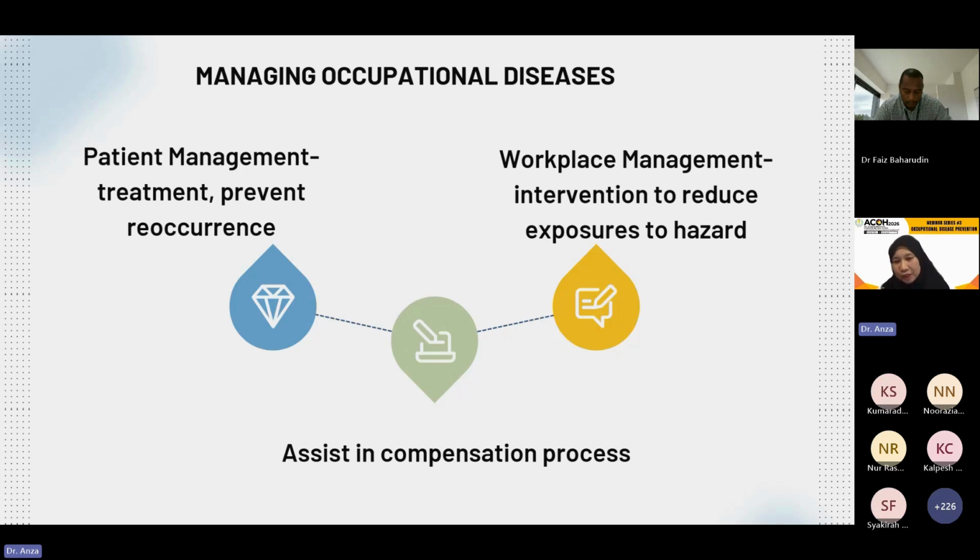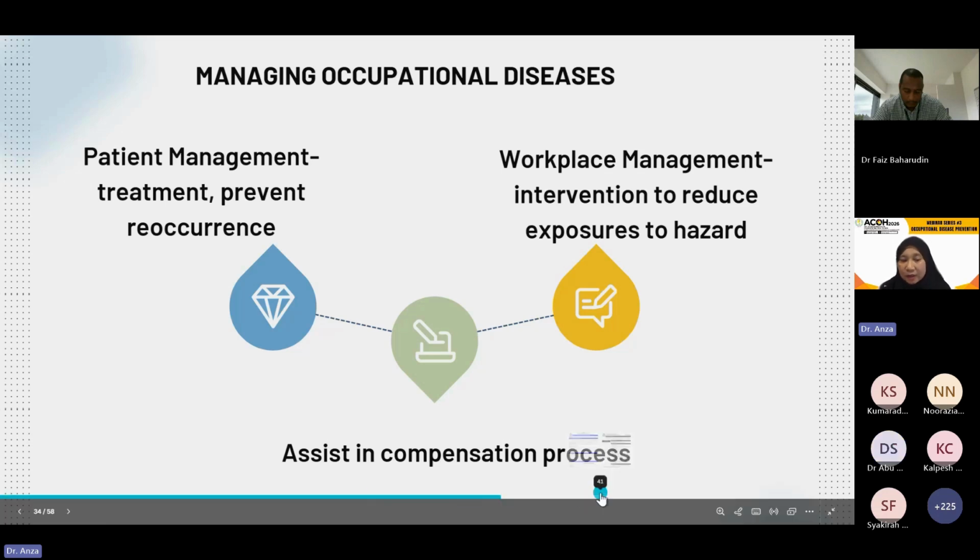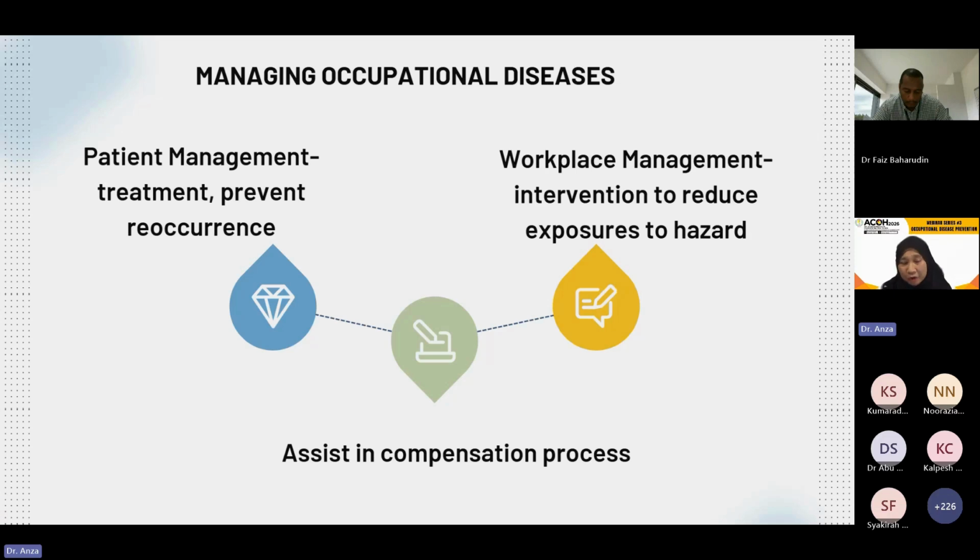Then we're going to manage the workplace. And lastly, of course, we need to assist in the compensation process, because in most countries there would be a list of compensable occupational diseases as well. So that's why it is our role as doctors to assist in the compensation.